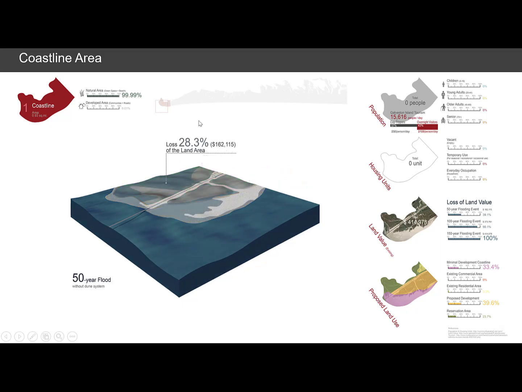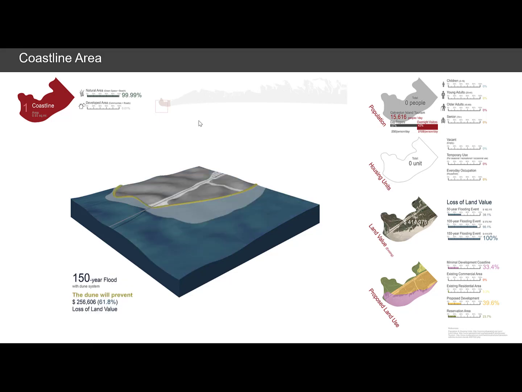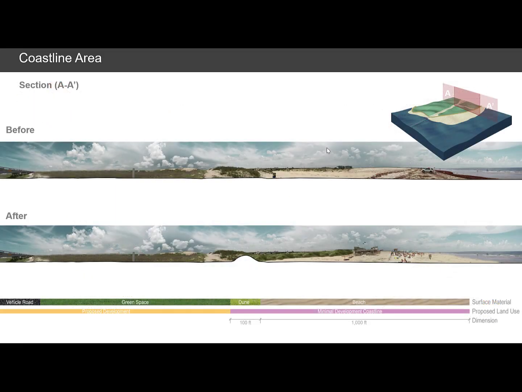But the idea was to show, without the dune, this is a 50-year flood, and this is a 100-year flood. So most of this whole site's underwater. A 150-year flood and storm surge covers the entirety of the site. But if you put the Ike Dike down, we prevent around $250,000 of damages without any buildings on it, right?